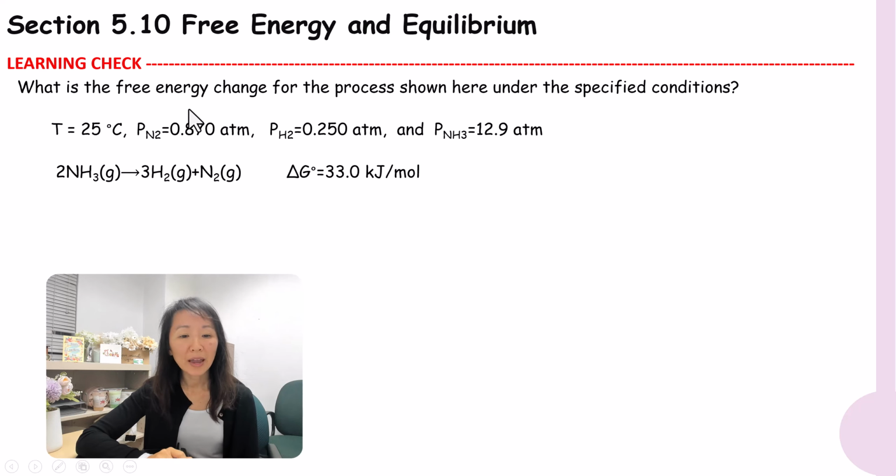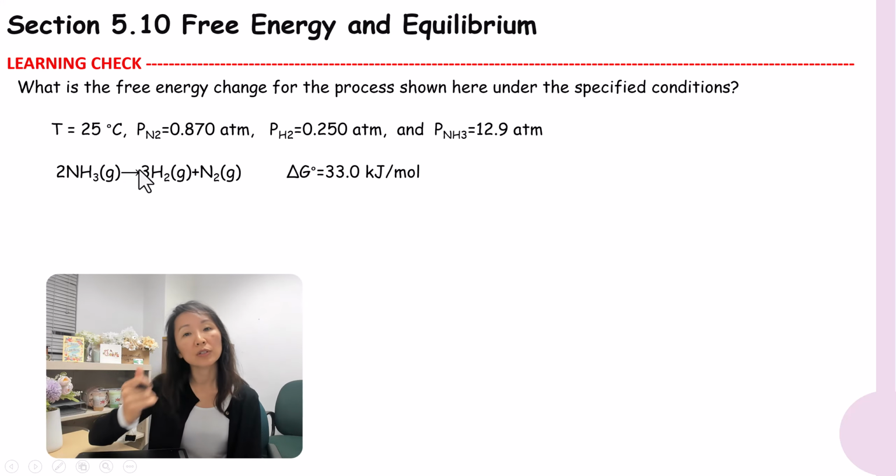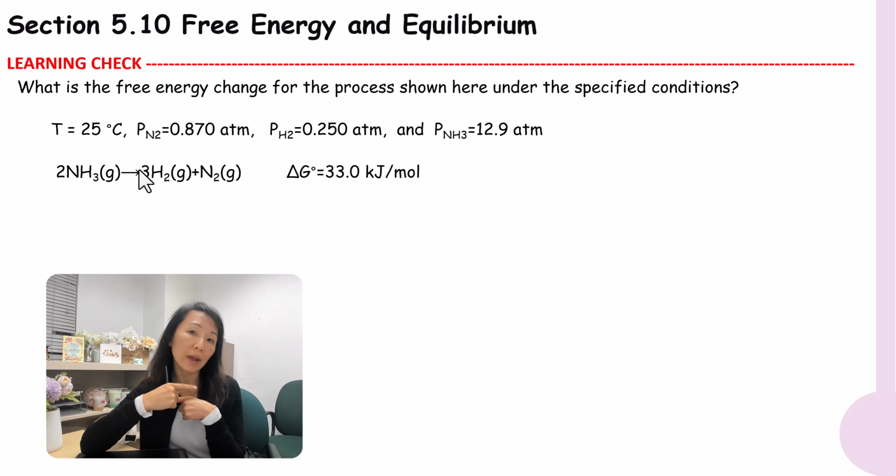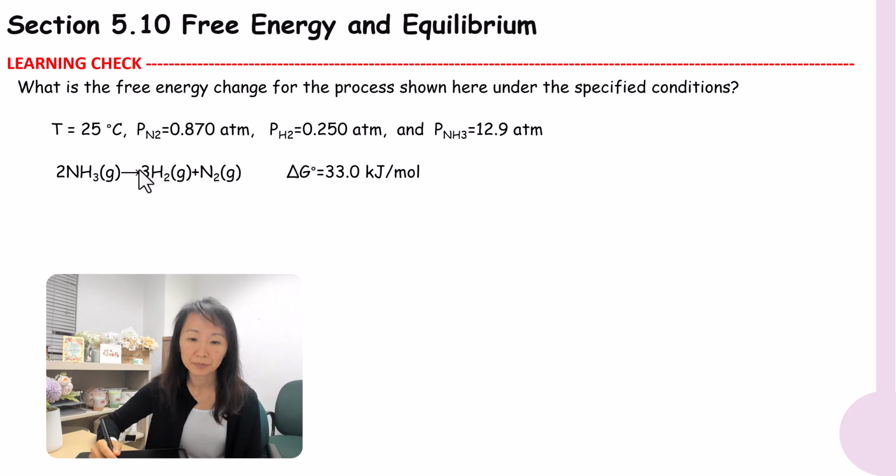And so we're going to assume that this is not at standard condition. If it was standard condition, I would write what is the standard energy change. Also, note that this is not at equilibrium: you notice that the arrow is going towards the right. You don't see a double arrow going back and forth, and that means it's not at equilibrium.